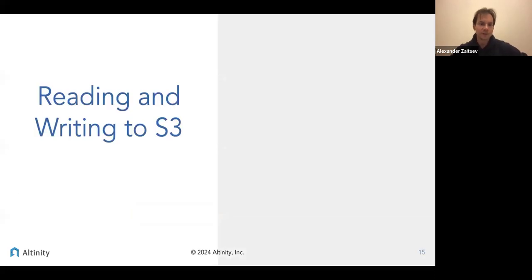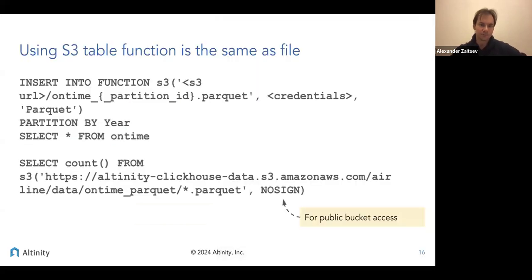Similarly to writing and reading a file, we can write and read to S3. There is an S3 function, and we can write to S3 with partitioning as before, and we can query an S3 bucket similarly as we would query a local file.